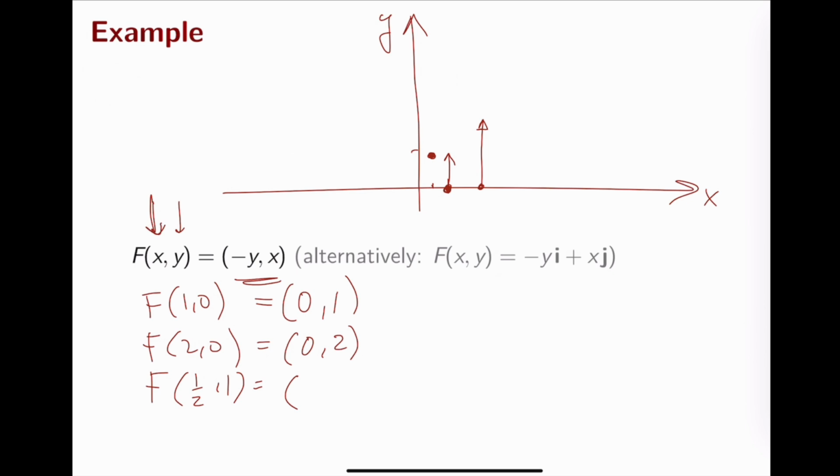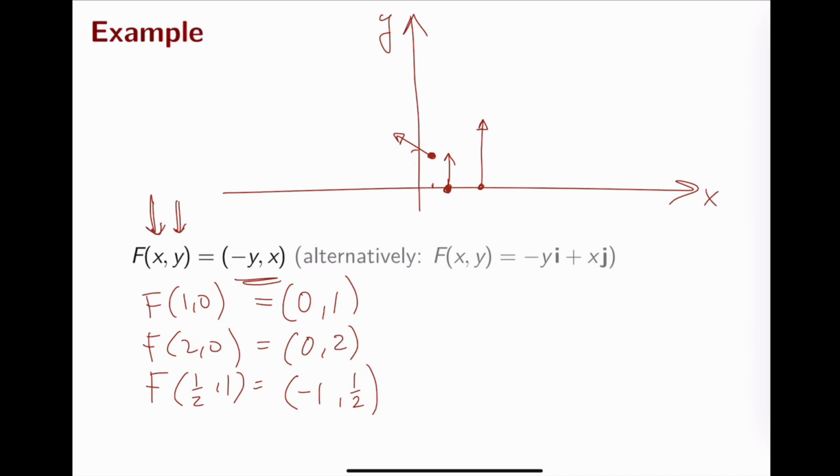Again we plug in (1/2, 1), and the result is going to be -1, comma, x, which is 1/2. So the vector here is (-1, 1/2): I go 1 unit here and half a unit here. So the vector associated here will be something like this.